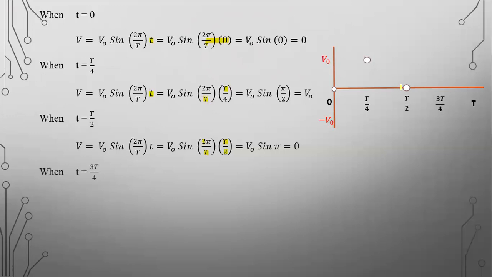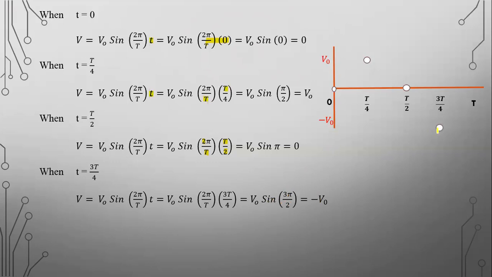Now, at t equal to 3T by 4, by putting this value, we obtain 3 pi over 2 after cancellation, which is actually 270 degrees. So sine 270 is equal to minus 1. Hence V becomes equal to minus V naught, the negative peak value of voltage.